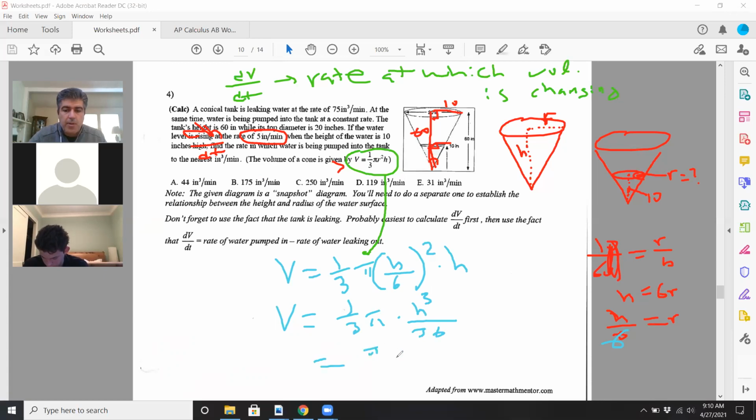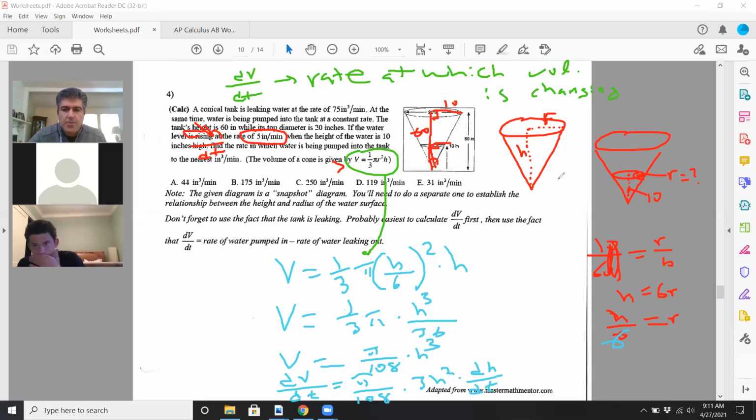So pi over 108. So dV over dt equals pi over 108, that's a constant multiple, times 3H squared times dH over dt.